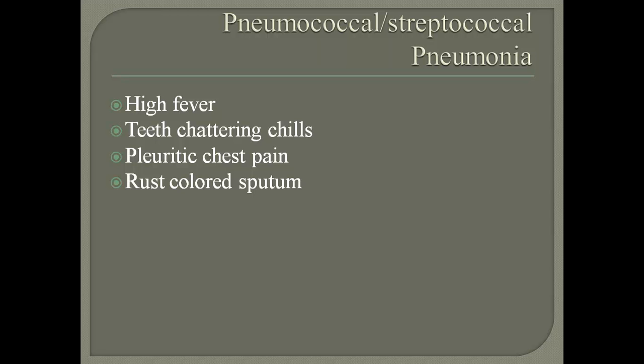So pneumococcal and streptococcal pneumonia. This is another organism that can cause community-acquired pneumonia. The factors that they look at that help differentiate this are the patient describing a kind of pleuritic chest pain, and the big difference here is then this rust-colored or kind of red-orangish colored sputum.